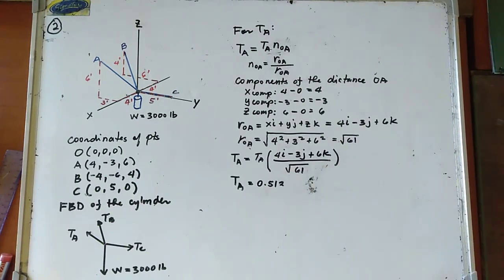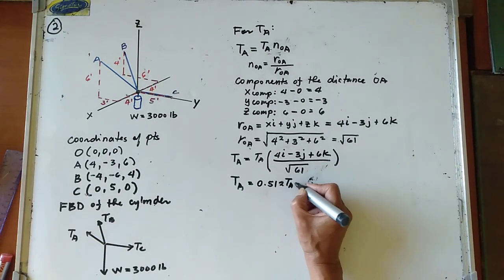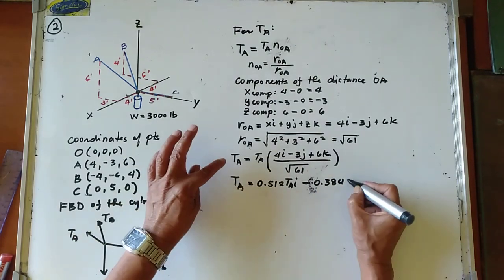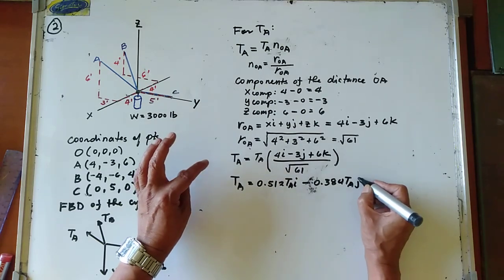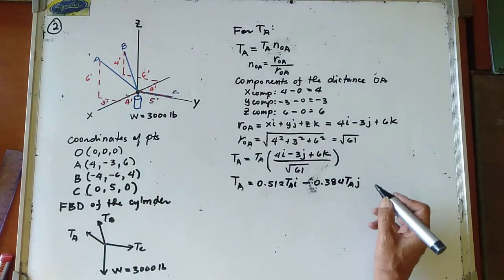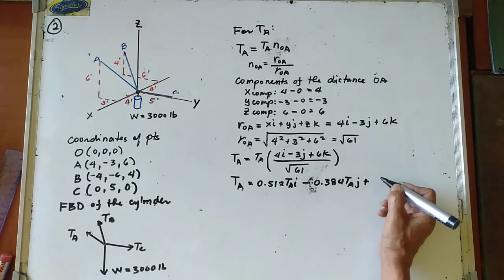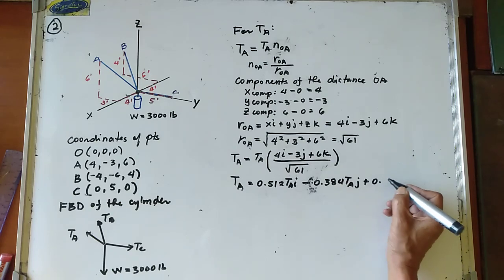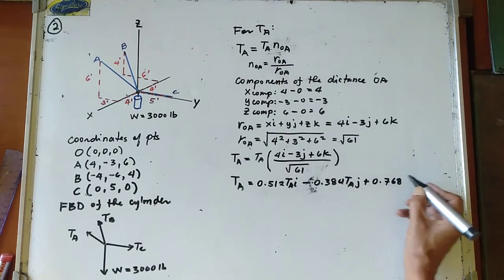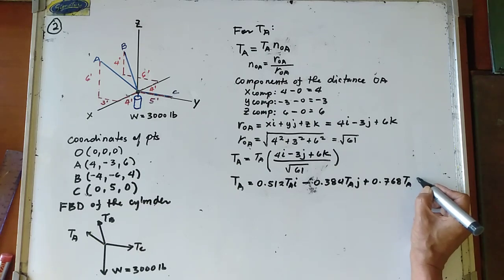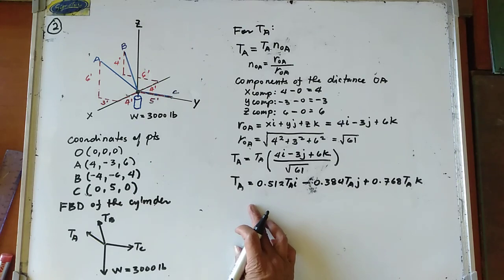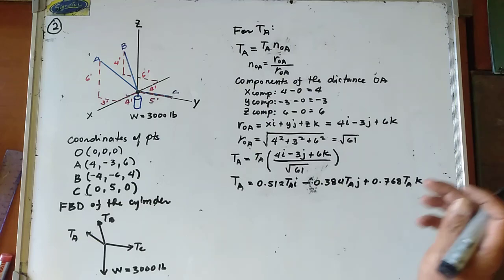So we have now 0.512 TA i minus 0.384 TA j. Then 6 over the square root of 61 is 0.768 TA k. So that is now your cable TA in Cartesian vector form.